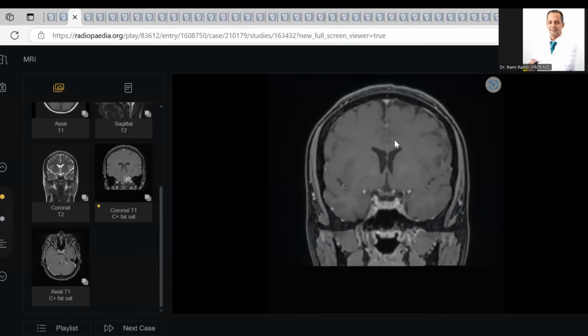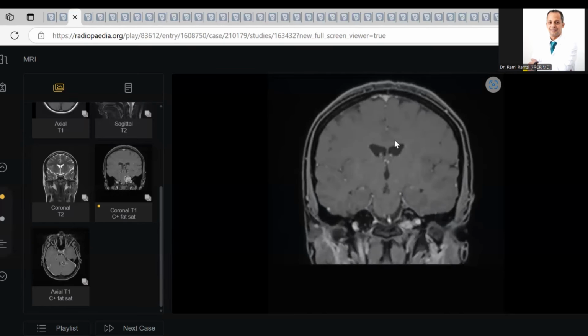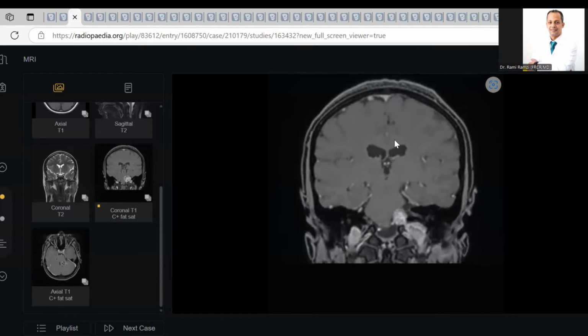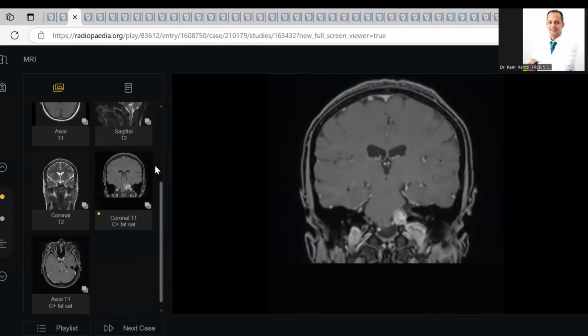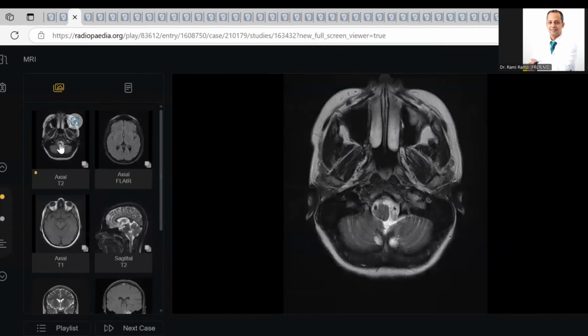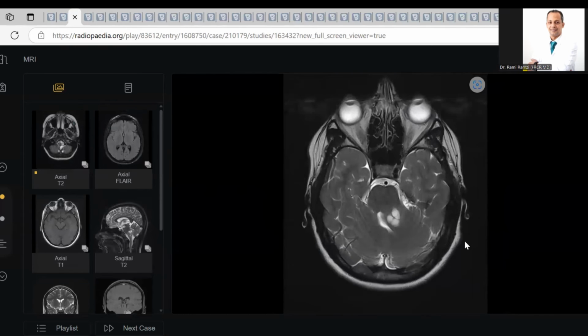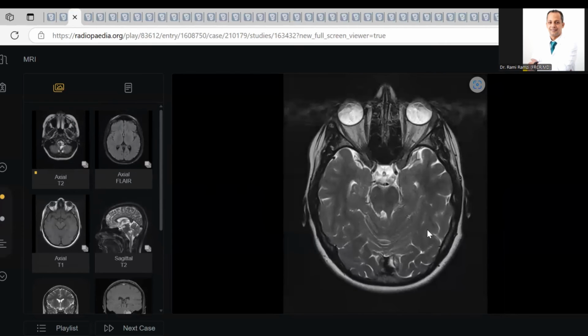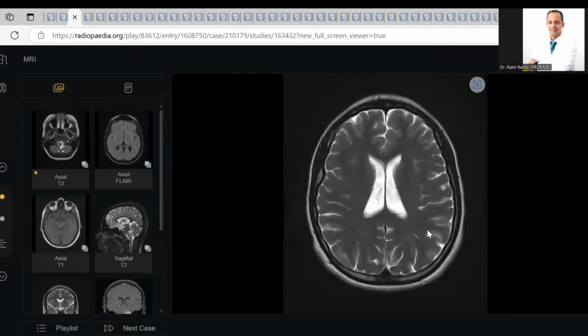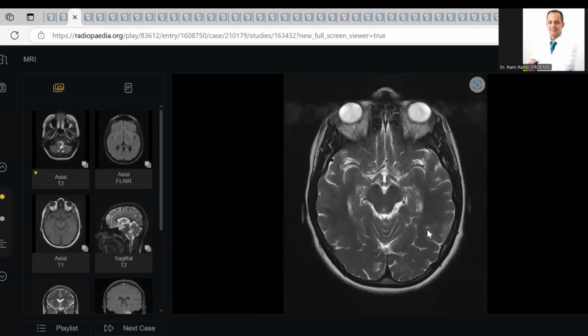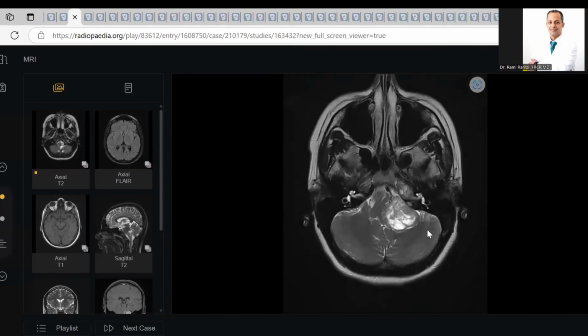There is even mild hydrocephalus. Why? I'm sure, see, there is prominence. And the most important, look at the fourth ventricle. It is completely compressed. This is an urgent case. See here, complete compression, and almost supratentorial mild hydrocephalic changes.